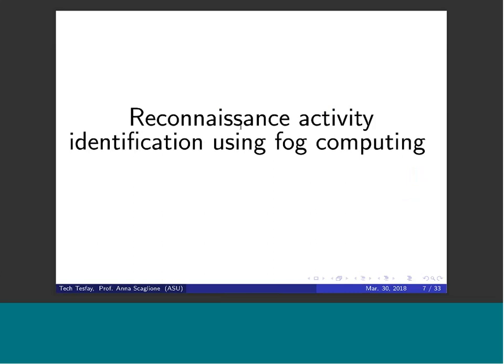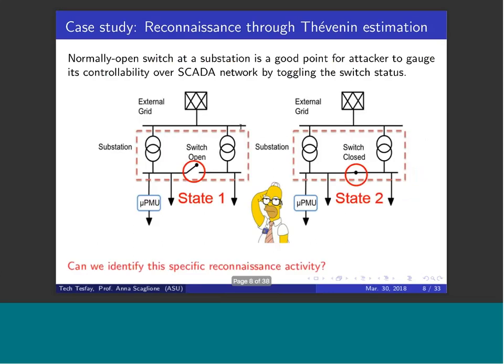So our main work on this hierarchical intrusion detection is reconnaissance activity detection using input sources. Let me first present the work we have done at the fog computing or network edge level. As a case study, I will talk about reconnaissance activity identification on a normally open switch at the substation level.